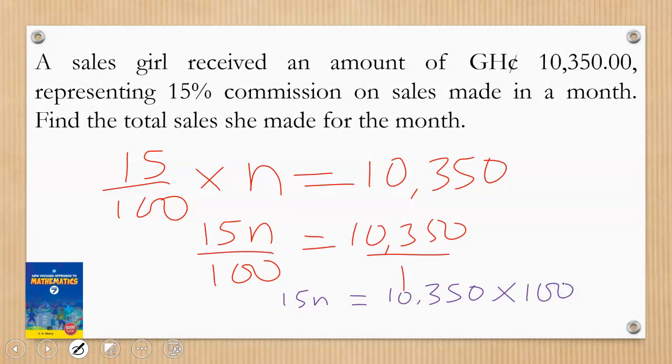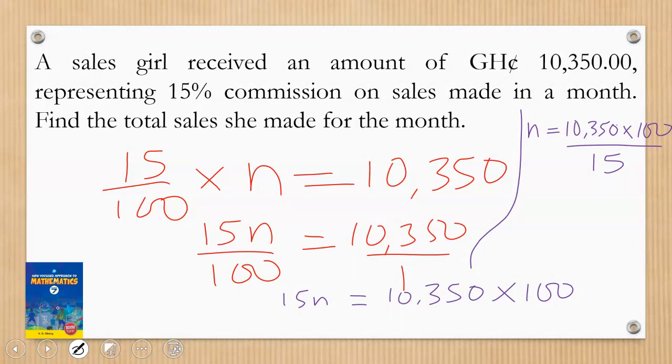If you divide everything by 15, then n can be calculated as 10,350 times 100 divided by 15.